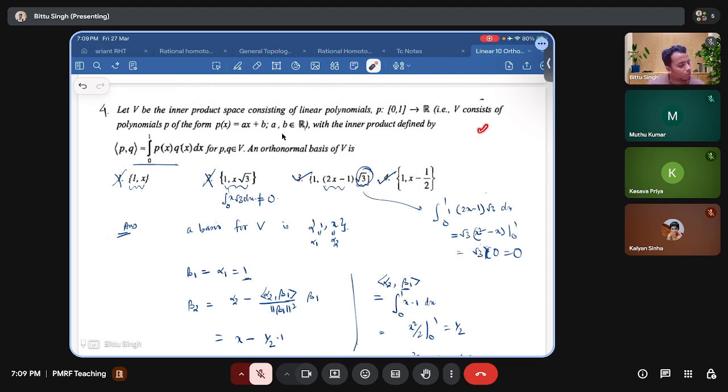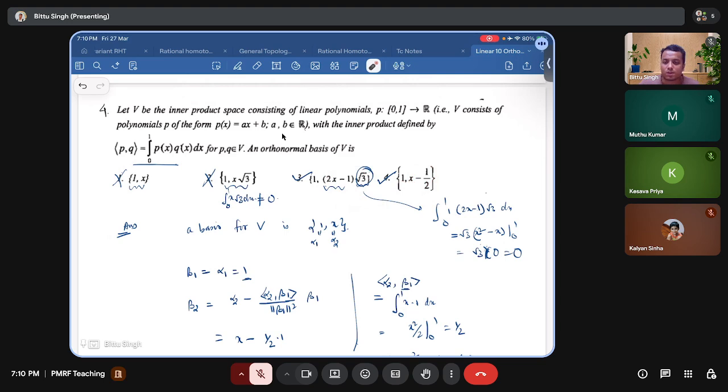So alpha is perpendicular to beta. That will imply alpha is perpendicular to c beta, right? So if beta is orthogonal to alpha, then c beta, you can think of it as alpha and this as beta. Then here the c beta is 2 root 3 times beta actually.